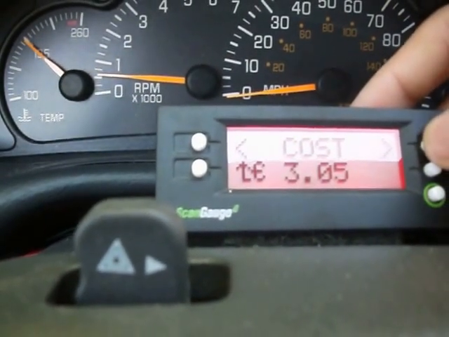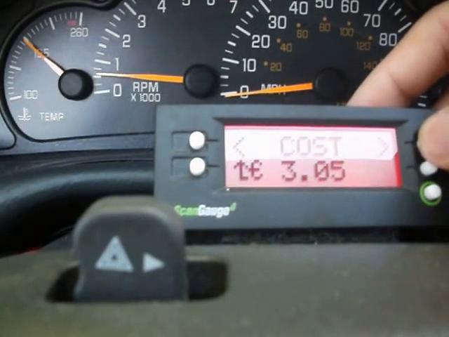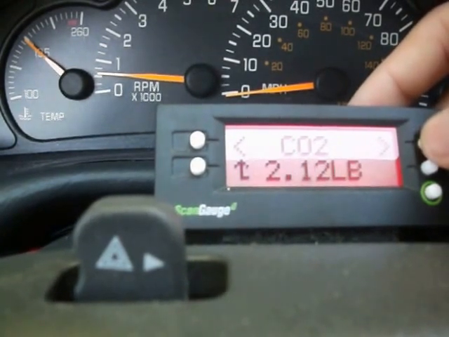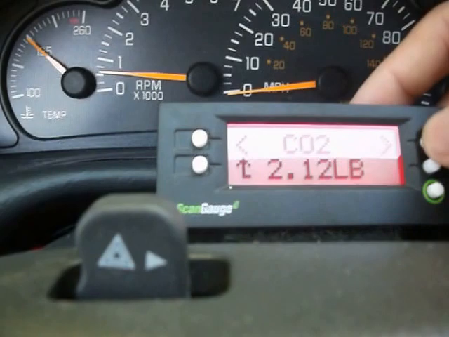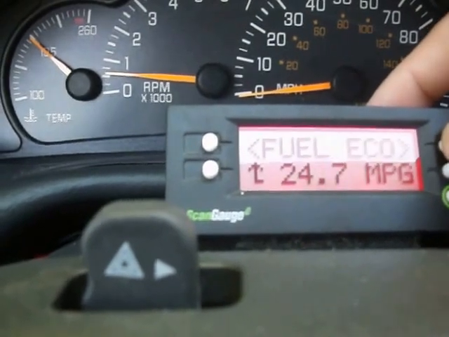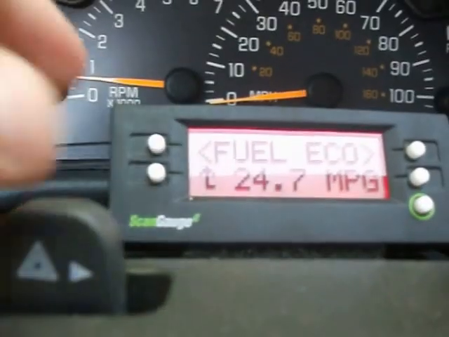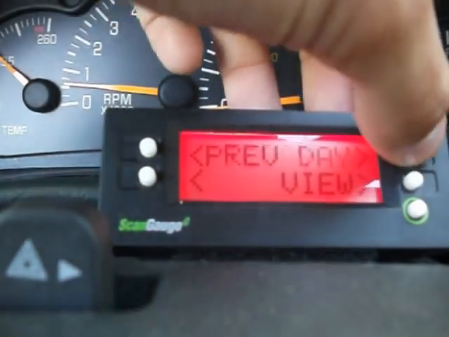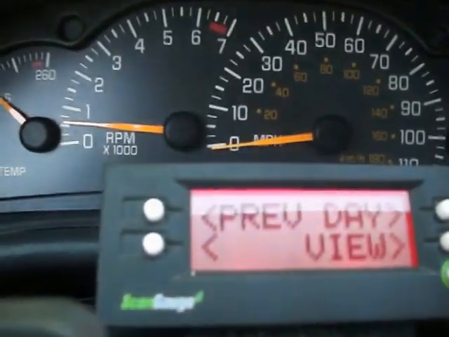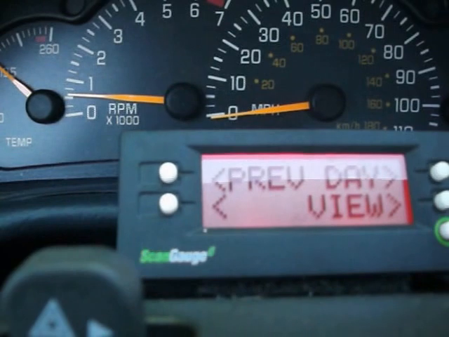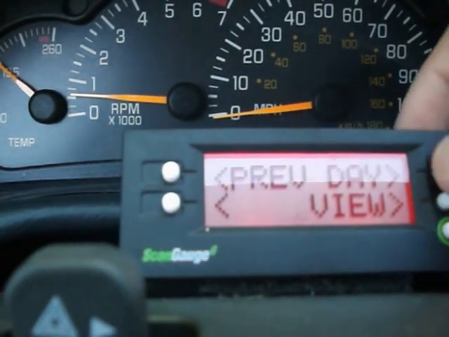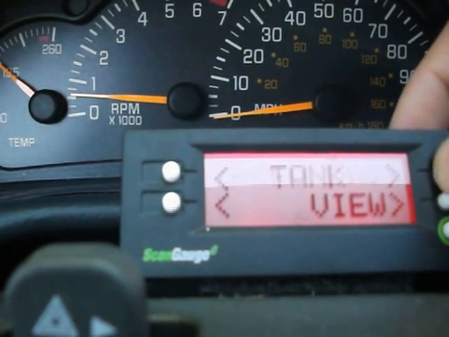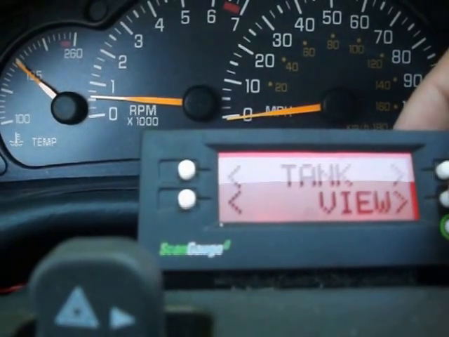And that's right, because we were at the tank part. CO2. Alright, now we're back at the beginning again. Previous day, I'm going to display it because it'll just show you what your previous day stuff was. And now we're back at the tank.